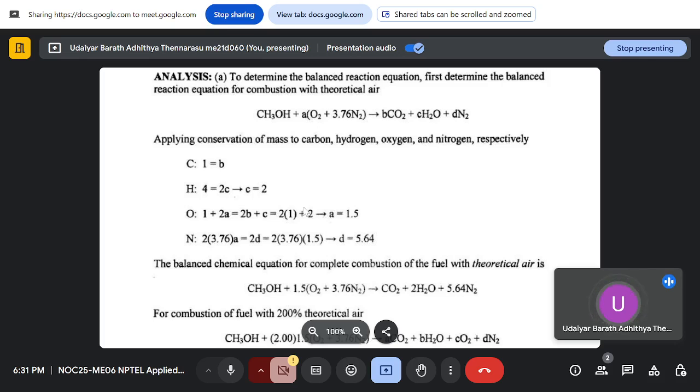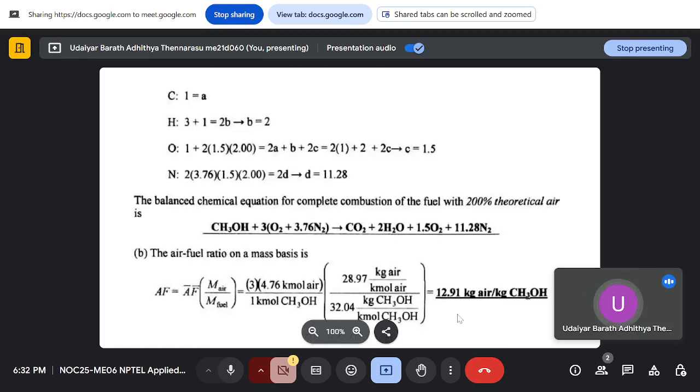So instead of 1.5 moles, if you use twice the theoretical air, we will be using 3 moles of air. That will give you the same amount of carbon dioxide and water, but we will have excess oxygen and nitrogen.